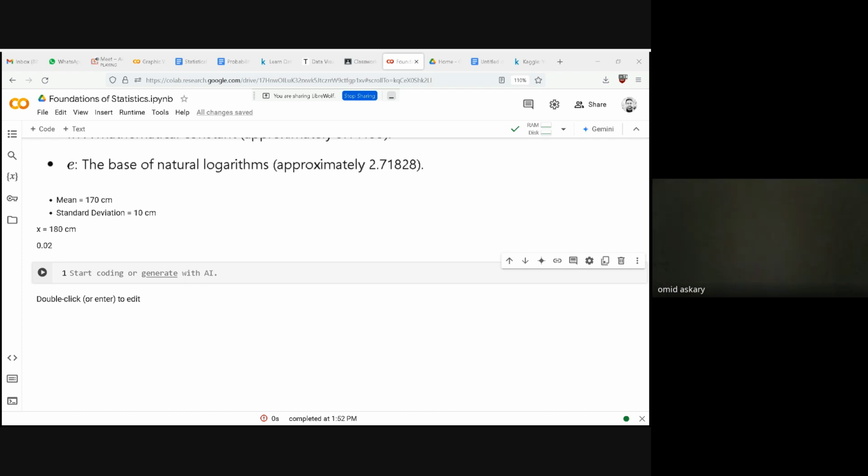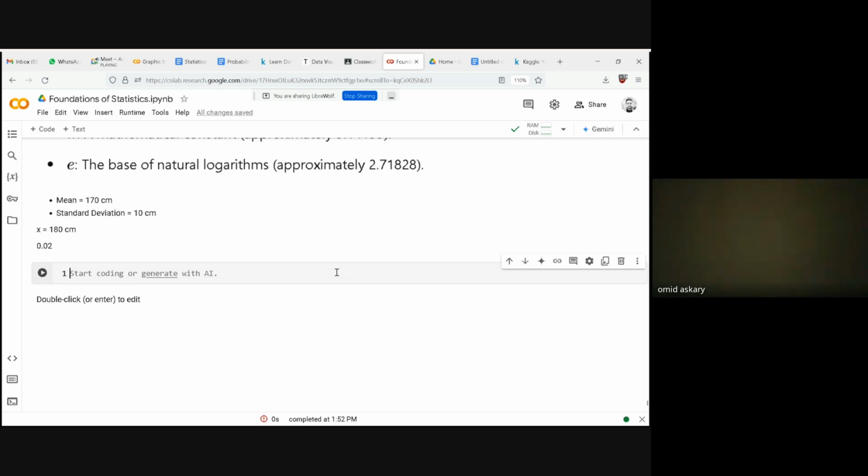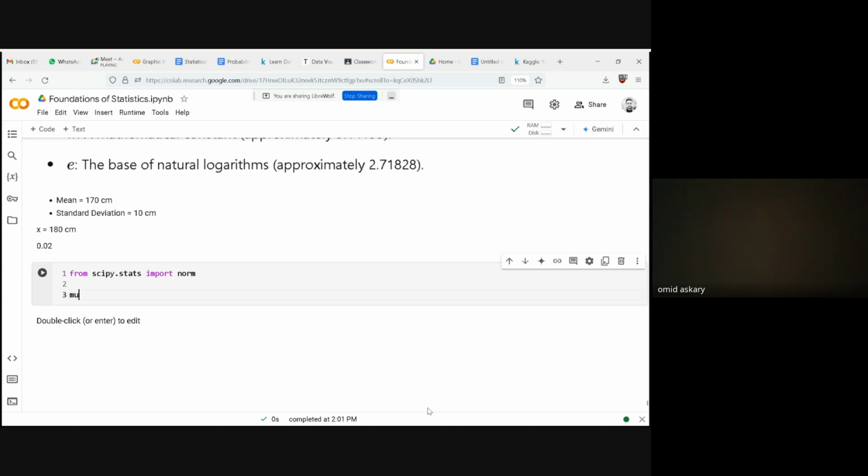In order to calculate this, we have to define the parameters. Mu, which is the mean, is 170.